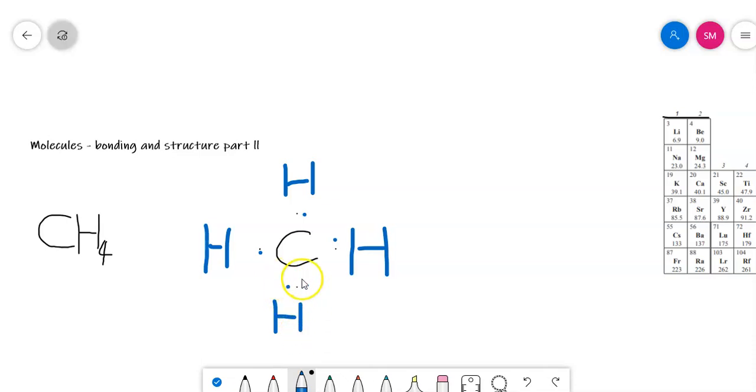And so we can see that this hydrogen has contributed 1 electron there, the carbon has contributed 1 electron there. So this hydrogen feels the effect of these 2 electrons. So this hydrogen effectively has a full outer shell. The carbon atom has shared each of its 4 electrons with 1 hydrogen each. And so overall, carbon has got 8 electrons. So that now has a full outer shell. So each of the atoms in this molecule now have a full outer shell.